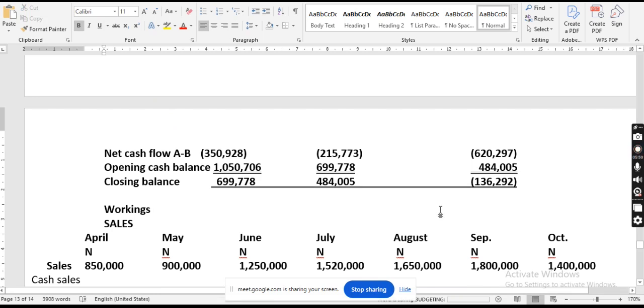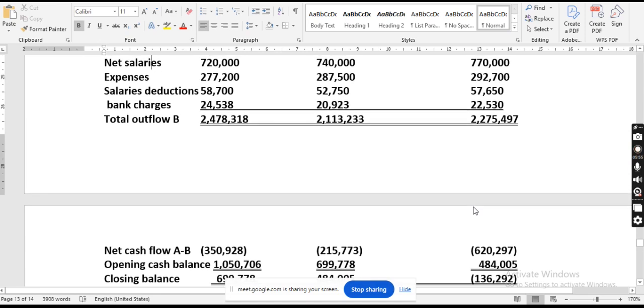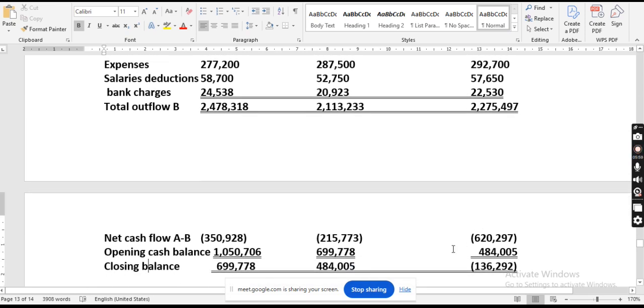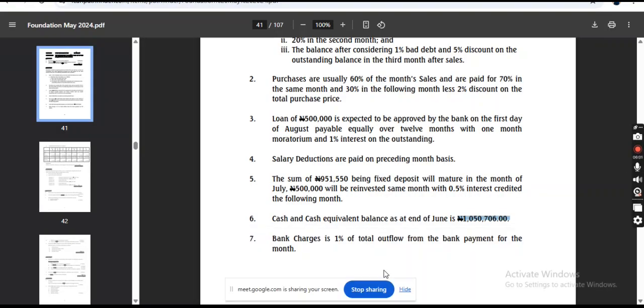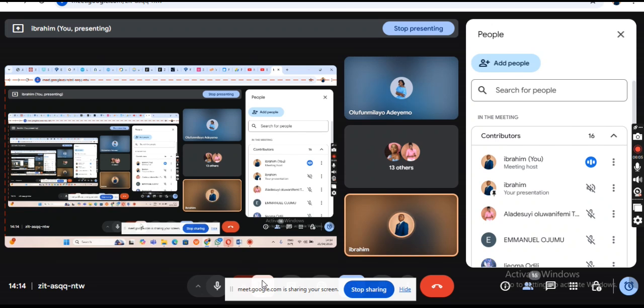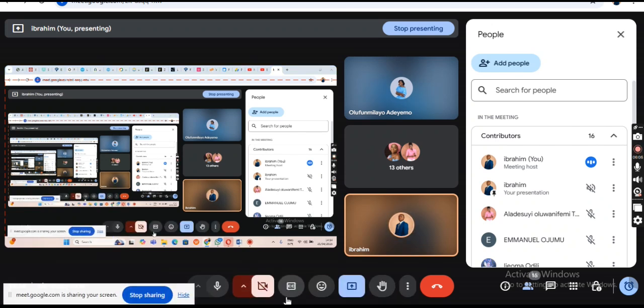That is, the company will have a negative balance in the month of September. This indicates that the company should reduce its outflow in order to have a cash balance at the end of September.